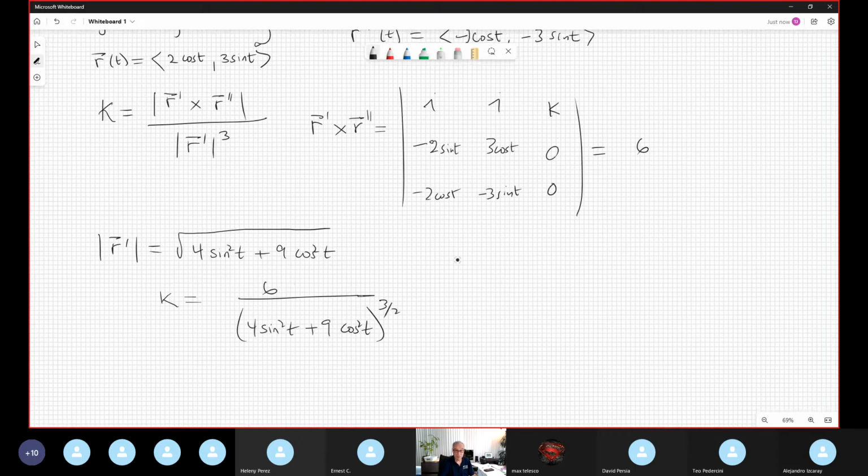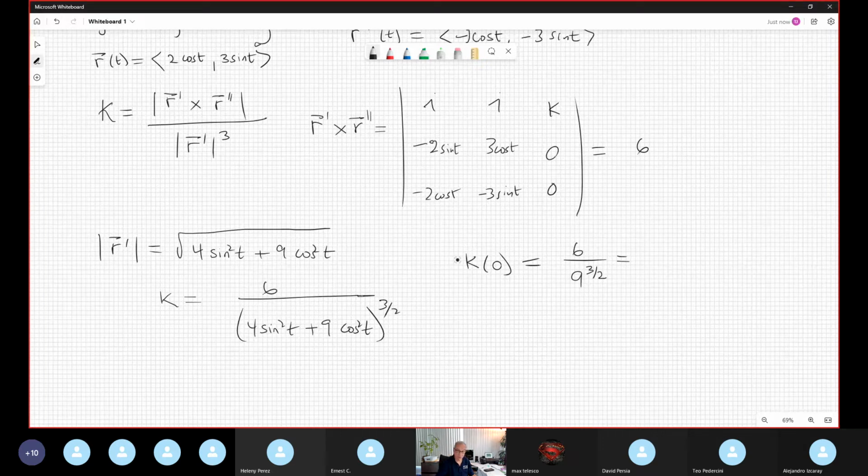This is the general formula for kappa. However, we need kappa at the specific points, because they want the osculating circle. Let me see the question. The point 2, 0 gets t equals 0 and 0, 3 gets pi over 2. You evaluate both. Kappa at 0 is 6 divided by 9 raised to the 3/2.